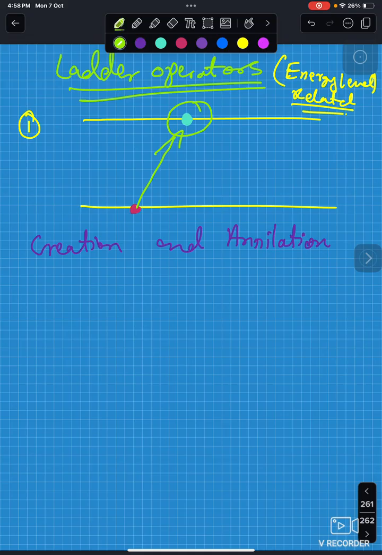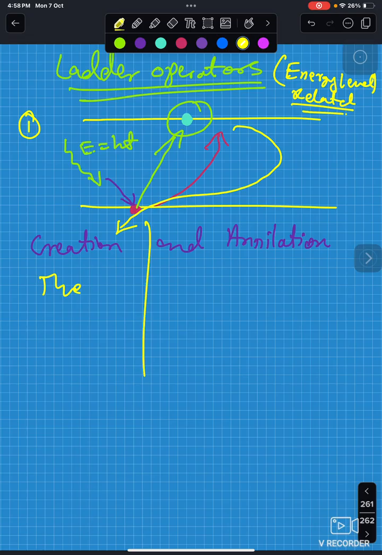When the electron gained energy from the photon, it went up in energy level, and we call this a creation operator. The electron is raised in level.